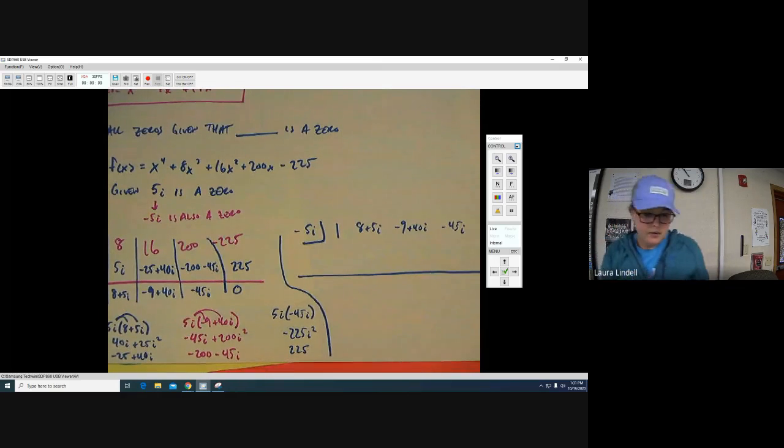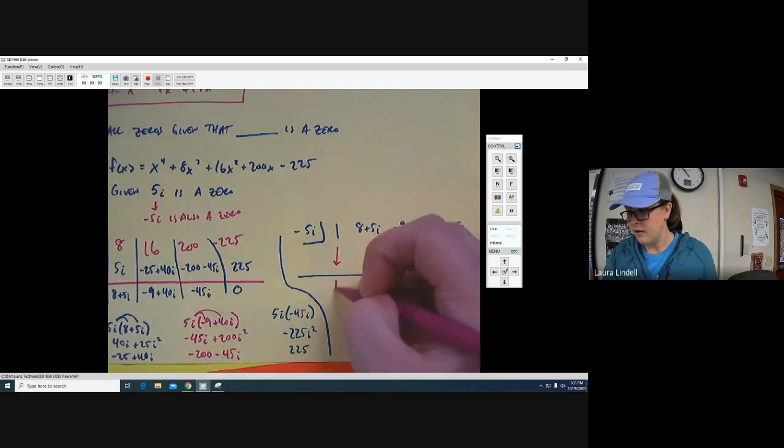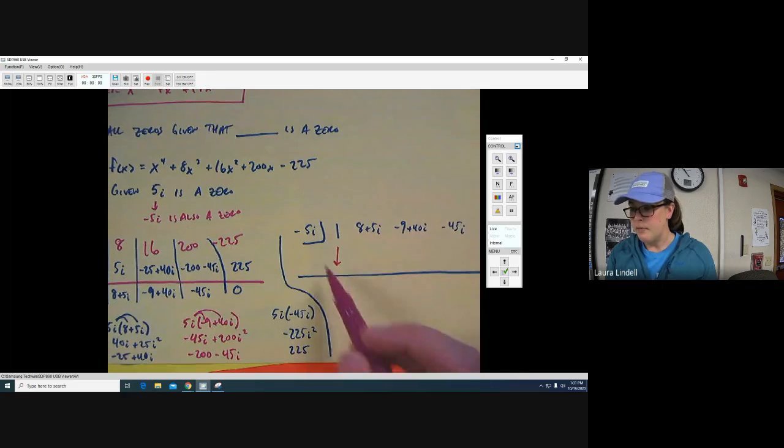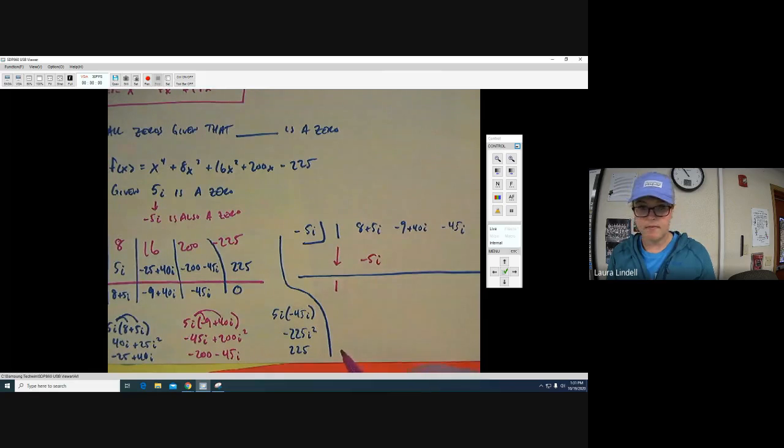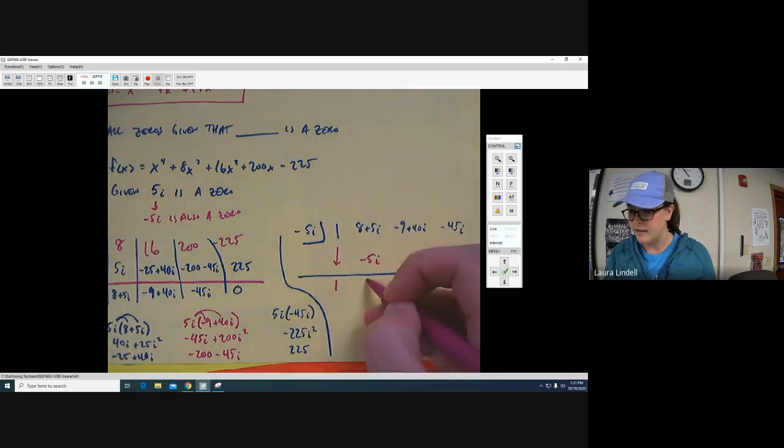Okay, and here's where we're going to see things work out rather nicely. First we bring down the 1. 1 times negative 5i is negative 5i. Well, that's really nice because 8 plus 5i plus negative 5i just gives me 8.